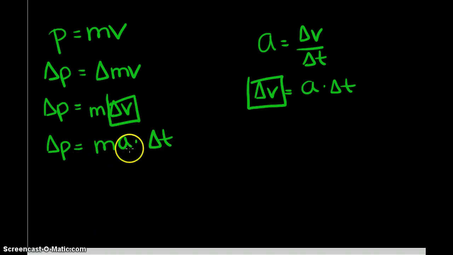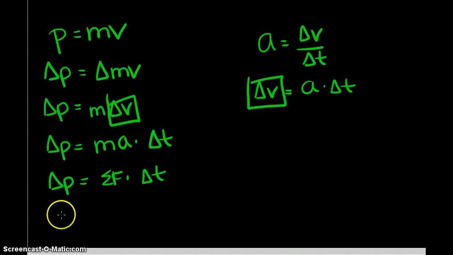And when I think about ma, I definitely think about net force, right? So net force times delta t. You can just write F net times delta t.